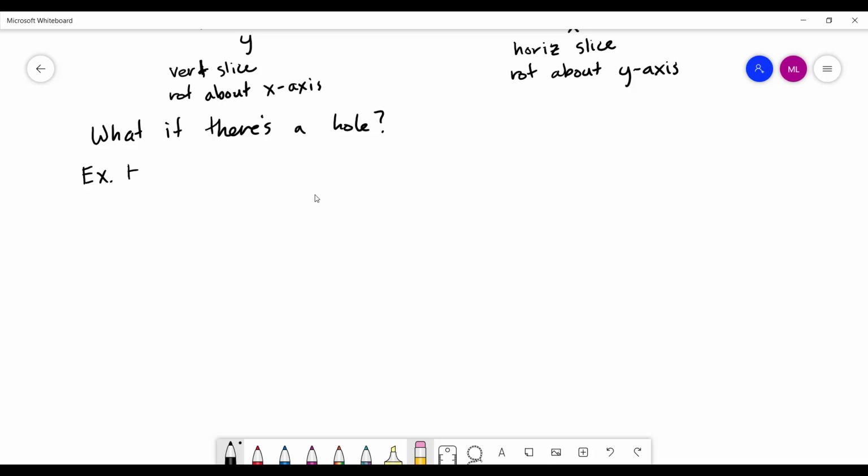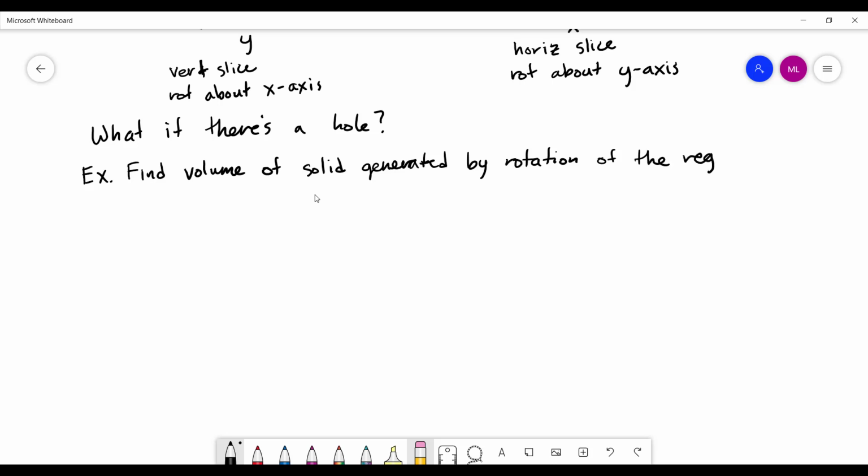Let's say we want to find the volume of the solid generated by rotation of the region bounded by, let's say, two curves, y equals 2x squared and y equals 2, and maybe we're rotating them about y equals 3.